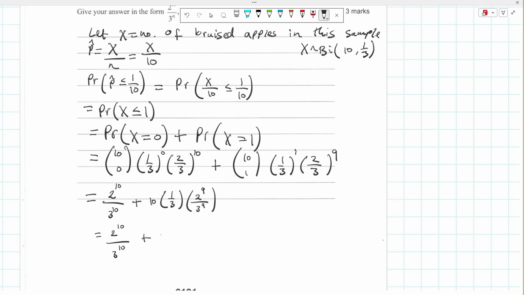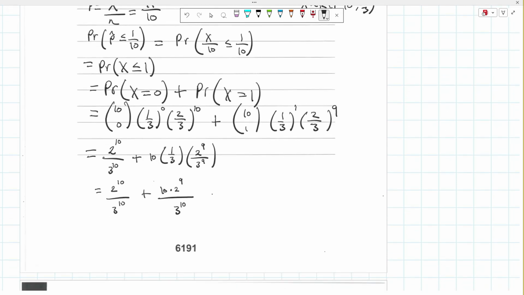So that turns into 10 times 2 to the power of 9 divided by 3 to the power of 10. So this turns into 2 to the power of 10 plus 10 times 2 to the power of 9, all divided by 3 to the power of 10.